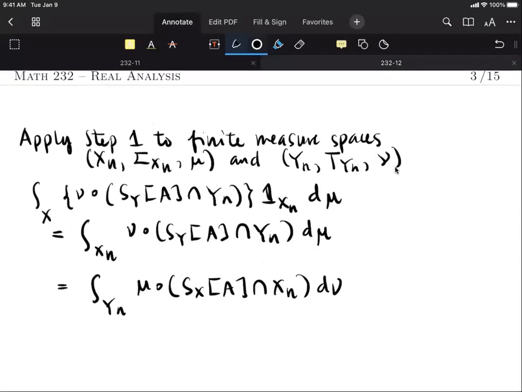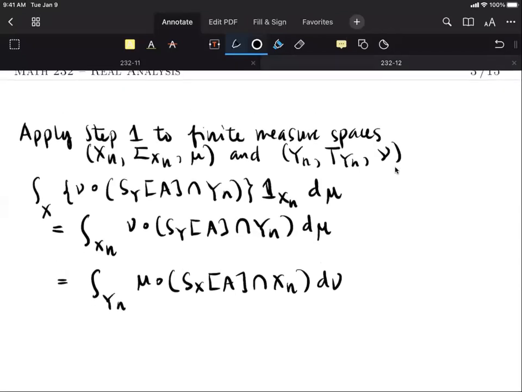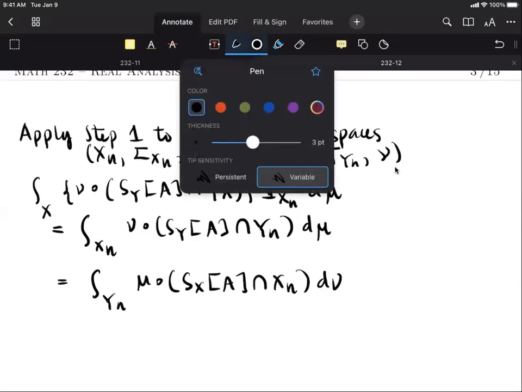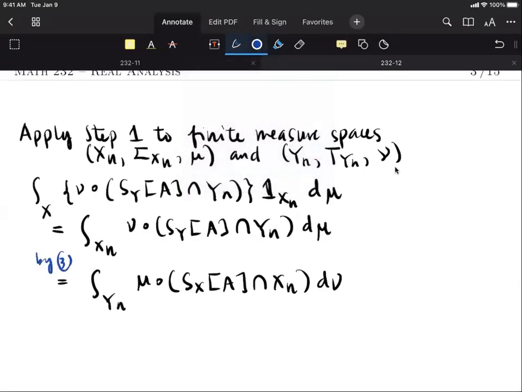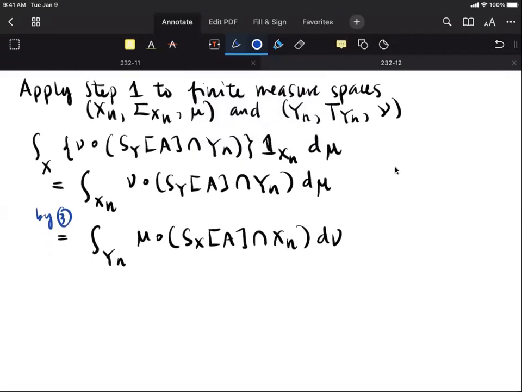Here we applied the third property, and the intersection, since we are dealing with the restriction sigma algebras.